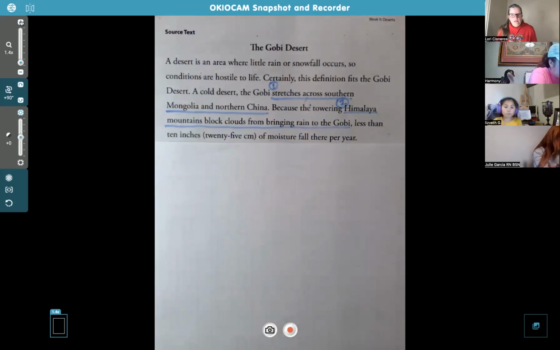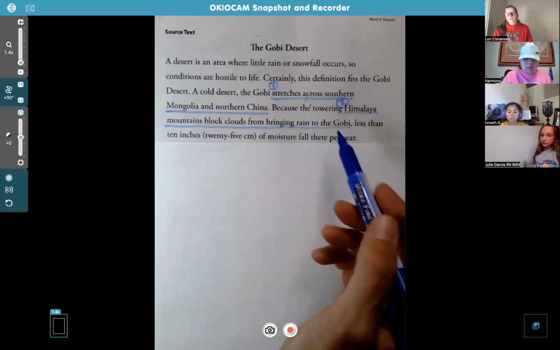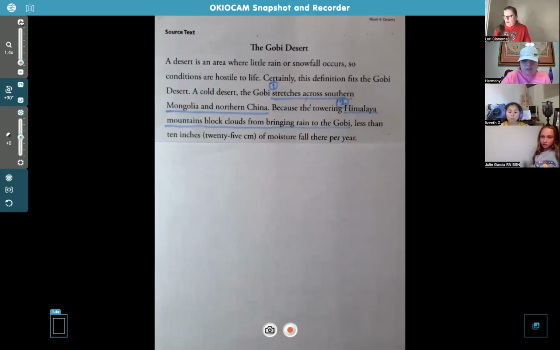Notice this time I didn't underline the whole sentence because I wanted to tell you that sometimes there's more than one fact in a sentence, and so you can underline just part of a sentence to grab that fact. So these are 2 great facts to start with about the Gobi Desert, and that's all we need from that paragraph.